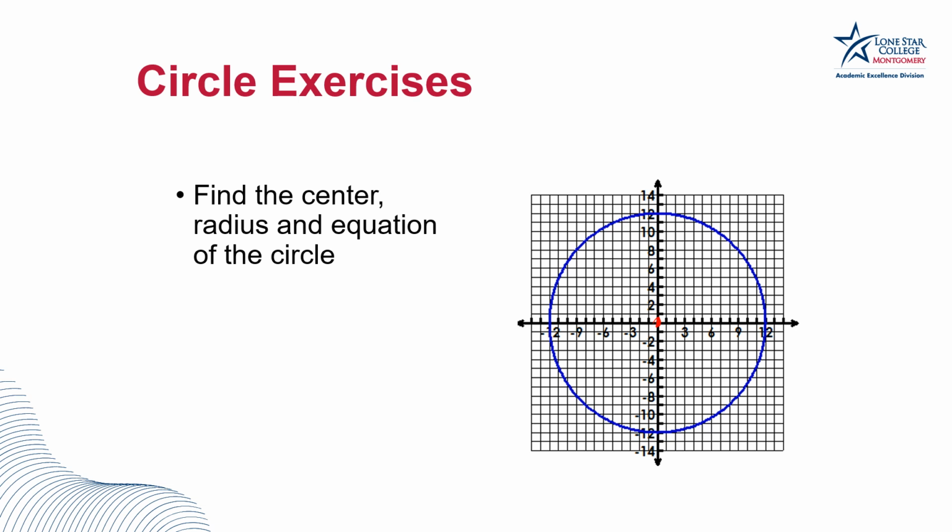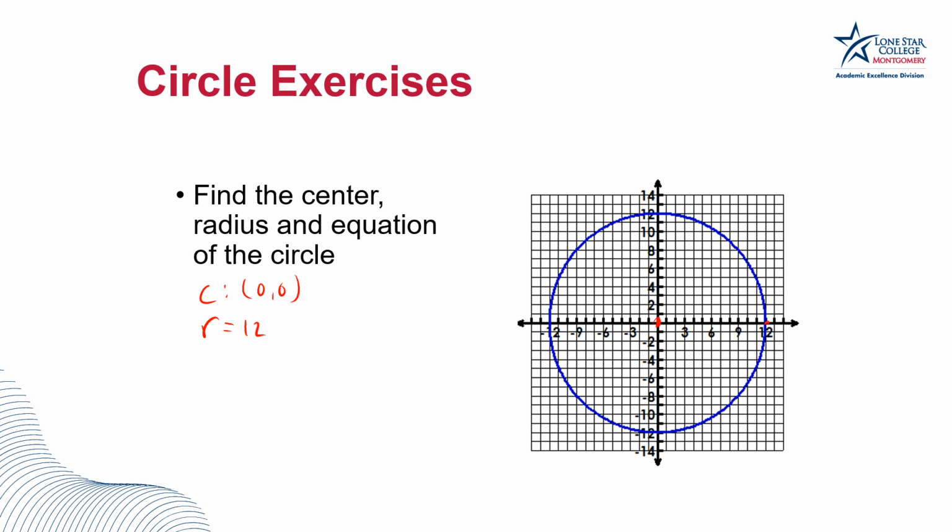So if we count from our center, the red dot, how many spaces there are, it ends up right over here at 12. That means the distance from the center to, let's say, the right side of the circle would be 12. So we know that our center is 0, 0, and our radius is 12.